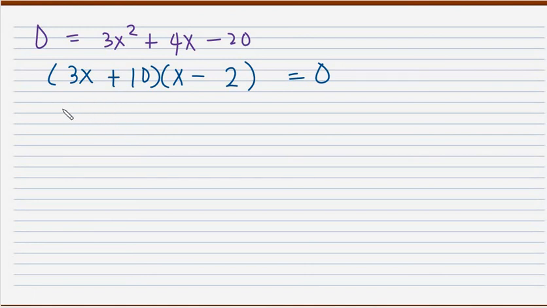So for the values of x, we have x is equal to 10 over 3 and x is equal to negative 2.